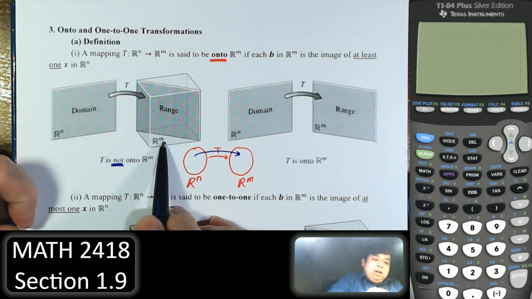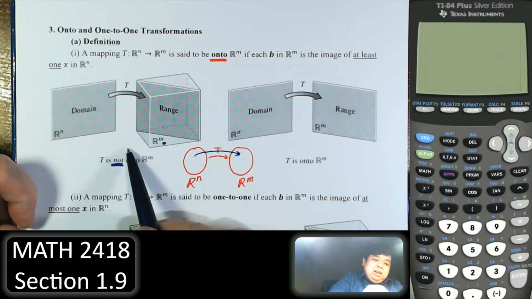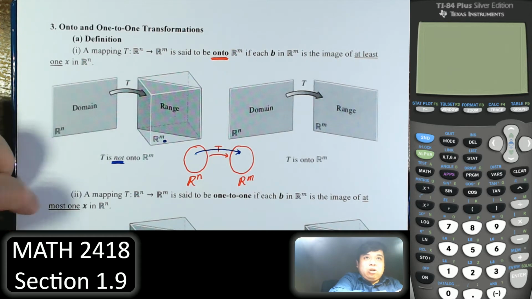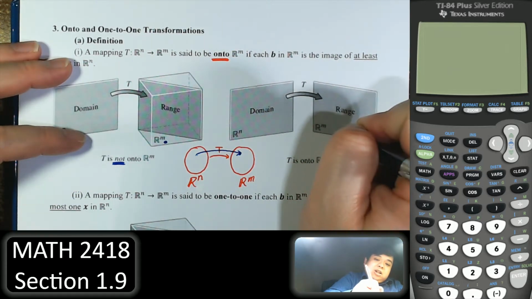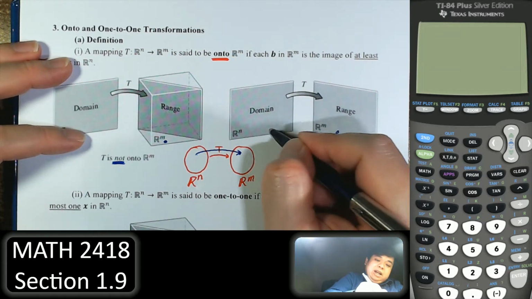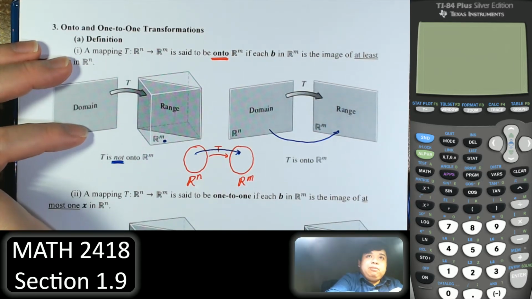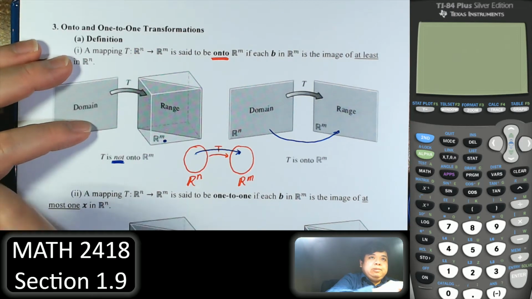This point in the target has nothing going to it, so this is not onto. This is onto. Doesn't matter what point we have in here, there must be a point shooting to it. So that is onto.